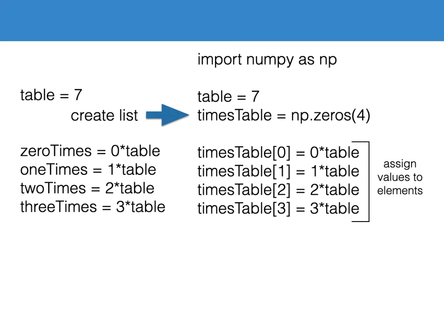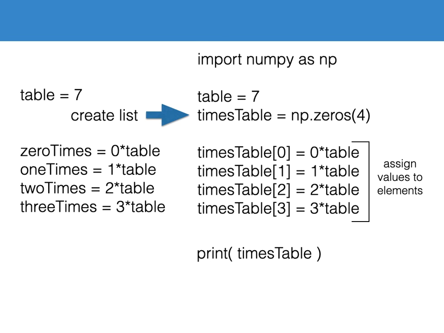For instance, if we run the print command shown here, the variables in the 4 elements of times table will be printed in a comma-separated list surrounded by square braces. If we want to remove the square braces, we can print each of the individual elements in the array separately by writing print times table open square brace 0 close square brace, comma times table 1 with 1 in square braces, and so on.